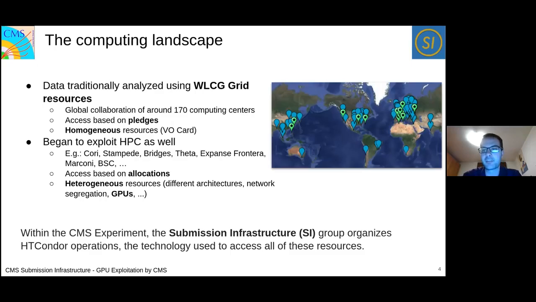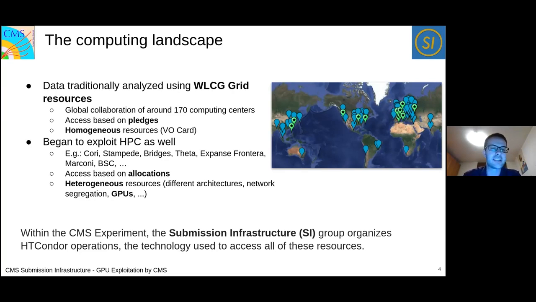This is driven by computational needs, and the need to search for new ways to account for our resources. And these are very different resources compared to the standard WLCG grid. First, the access is allocation based, so experiments like CMS are given an allocation, so you're basically paying for your resources as you use those resources, and those resources are not always there.